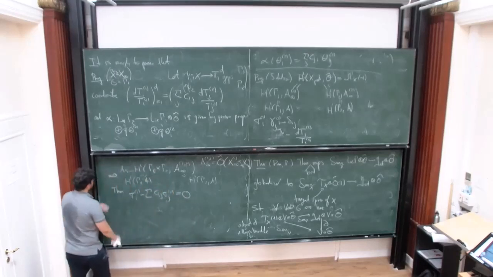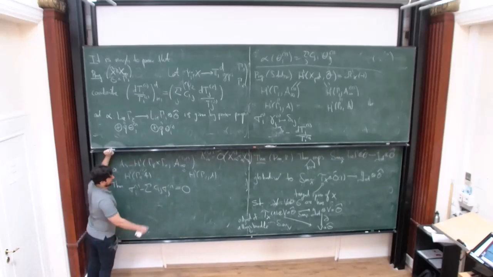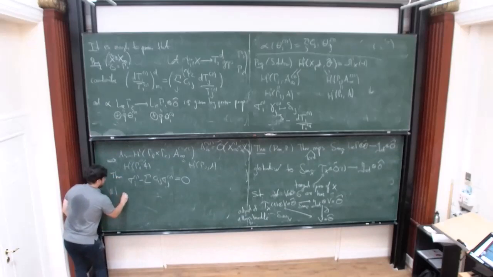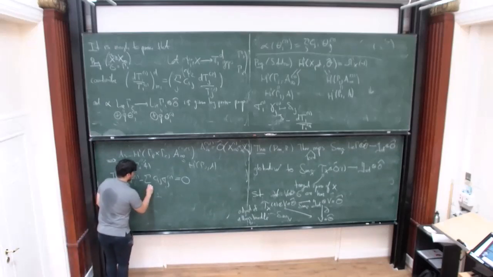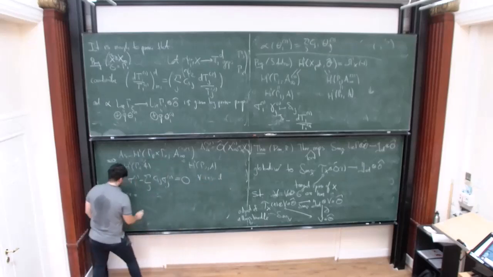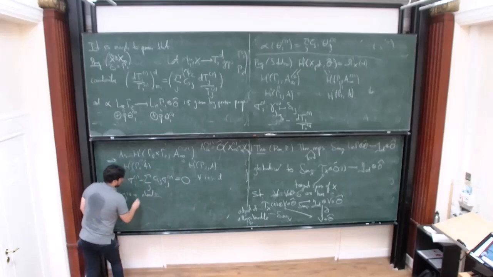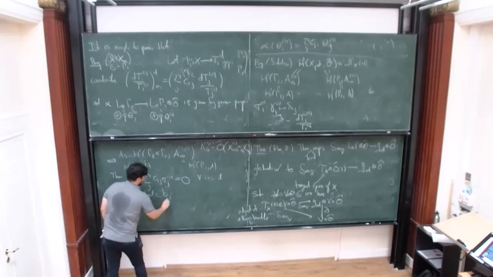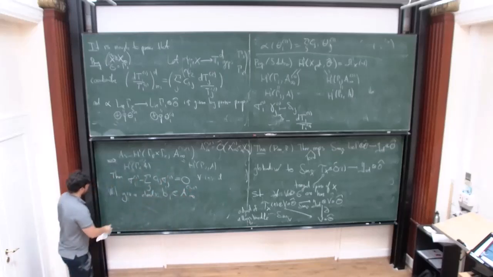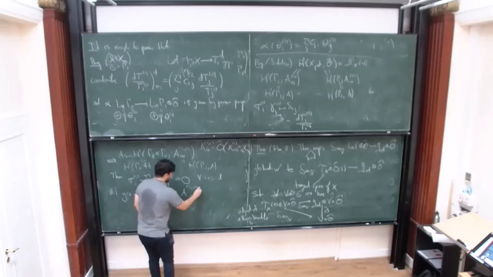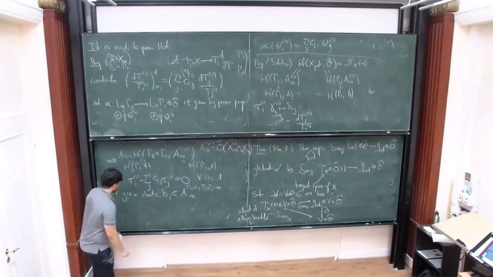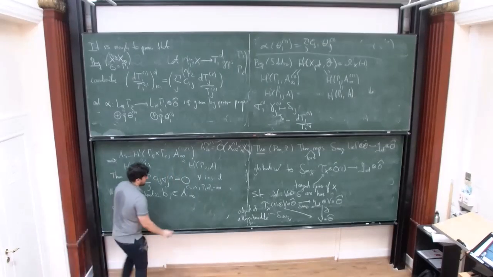And basically using this will give elements in this ring, which actually are going to be local analytic. Such that local analytic.